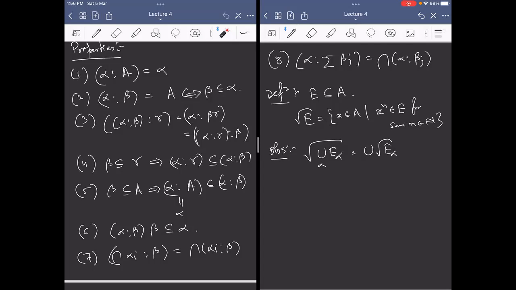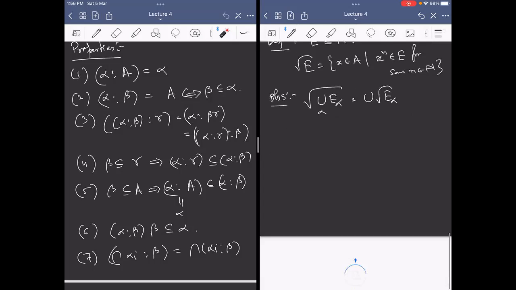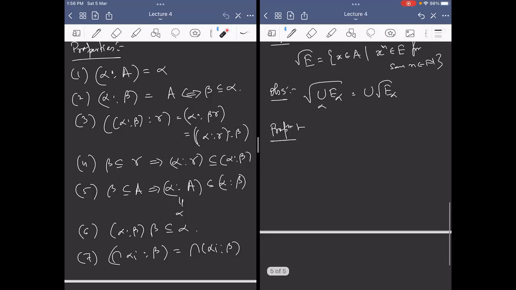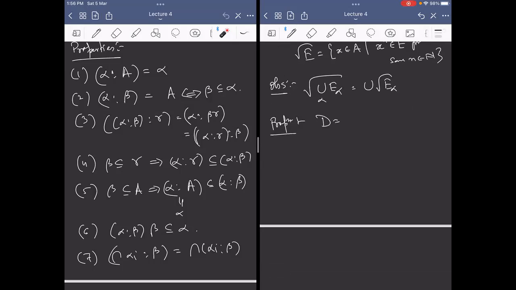Having defined that, what I am now going to prove is this proposition: if I denote the set of zero divisors by D, then D turns out to be the union of the radicals of the annihilators of x, for x non-zero.